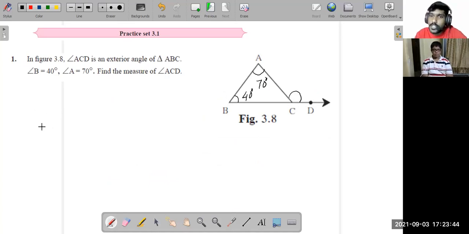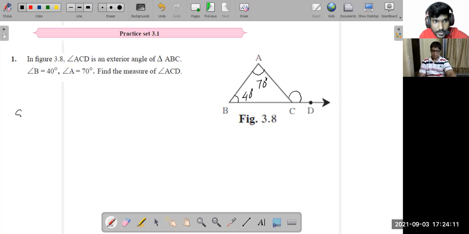What will be measure of angle ACD? Angle A plus angle B, that is 110 degree. What theorem are you using? Theorem of remote interior angles.